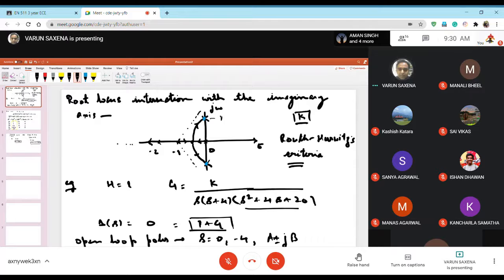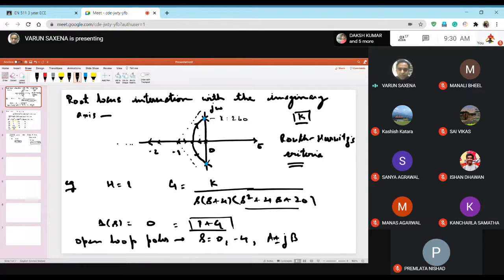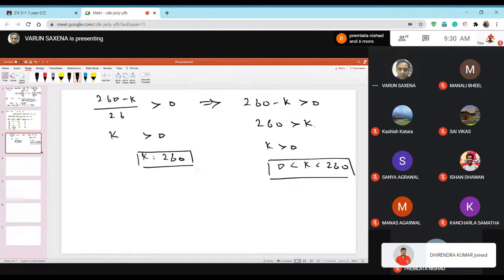So this K is 260, and so is this K. Yesterday we had found a value of K over here, and I told you that that's maximum. It's maximum in the local sense, but this is the limiting value that K will take. Anyways, so this is K equal to 260.